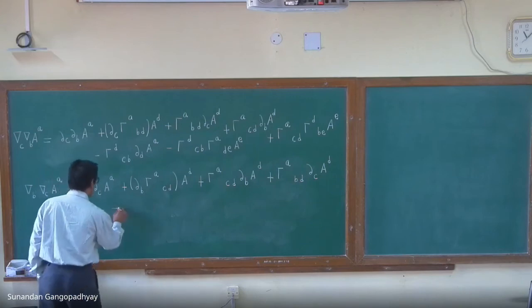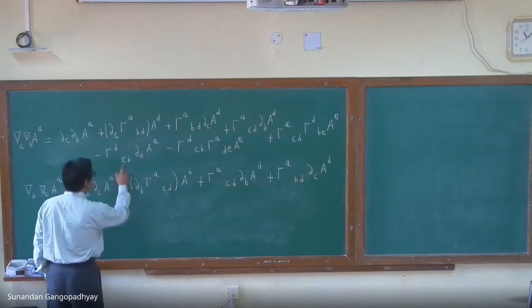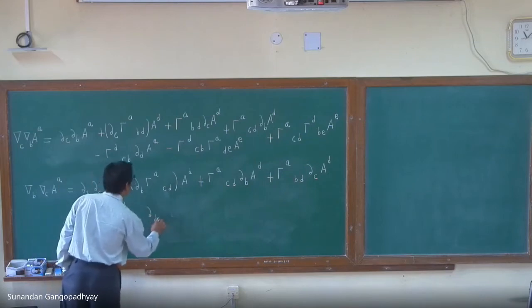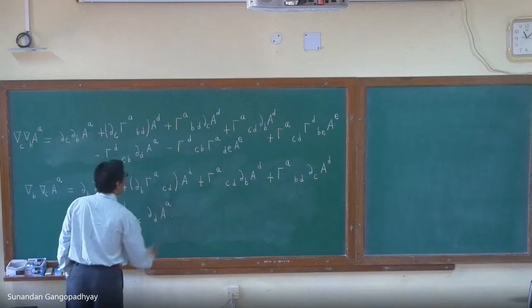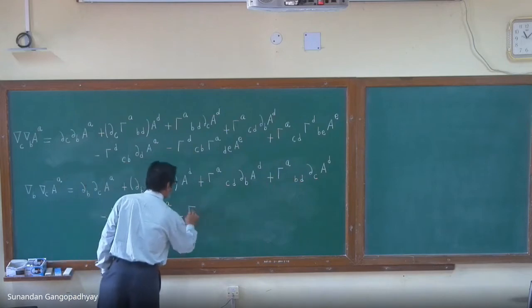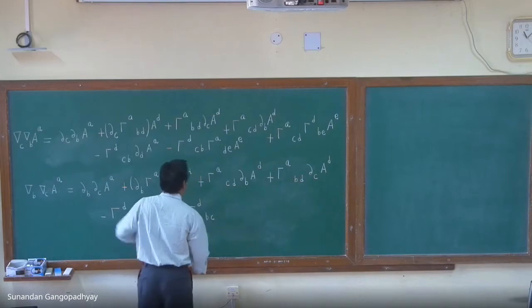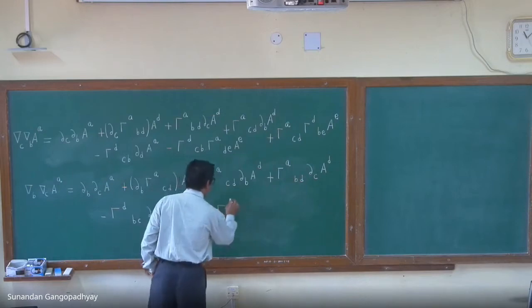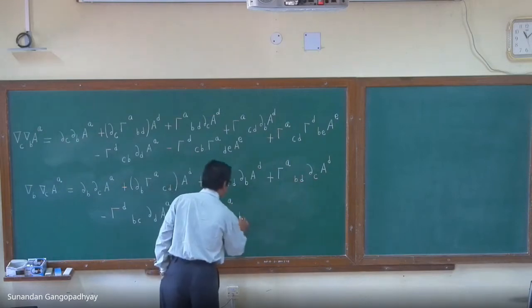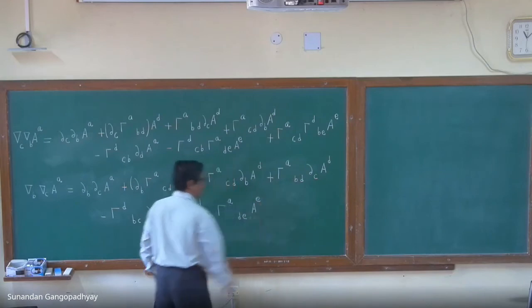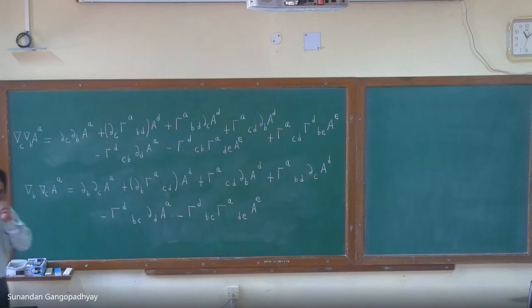Then gamma B C this is A minus gamma B once again BC. Is that correct? Good.